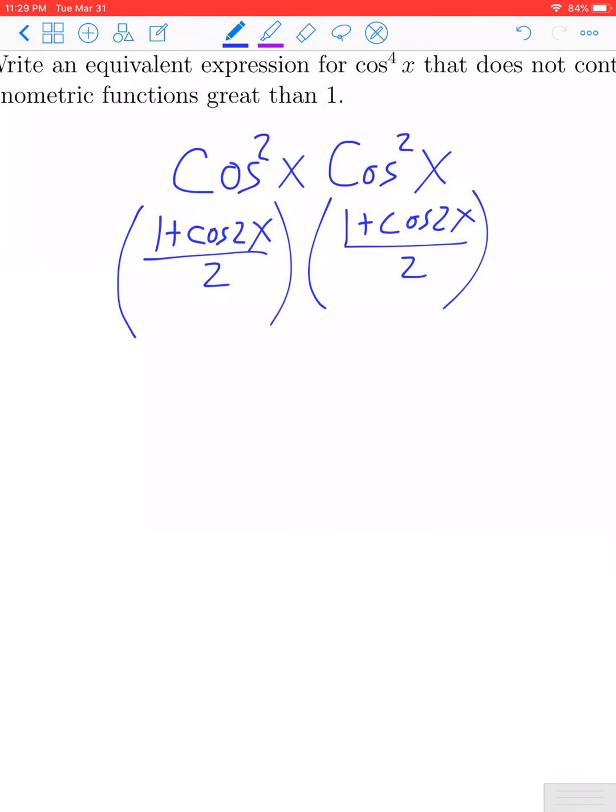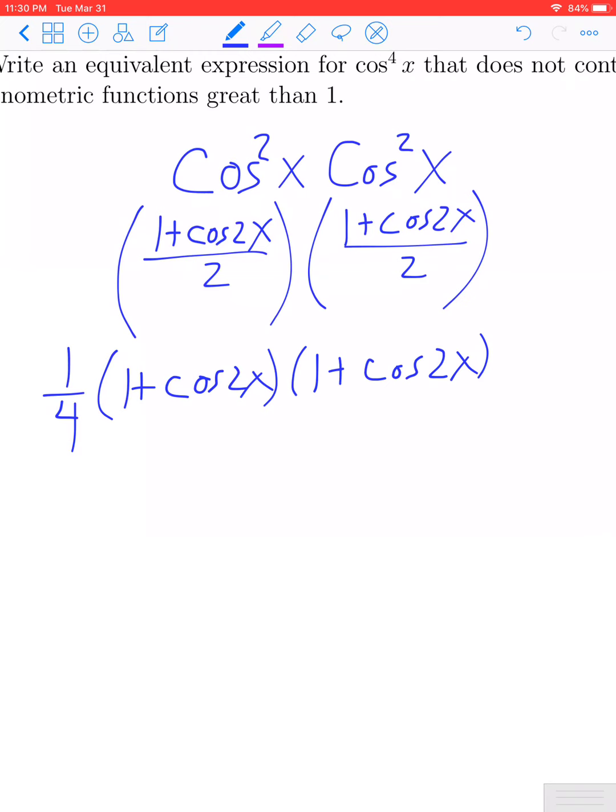As I multiply this out, the denominator is going to be 2 times 2, which is 4, so I'm going to bring that factor of 1/4 out in front. And then I'm just going to multiply 1 plus cosine of 2x times 1 plus cosine of 2x.